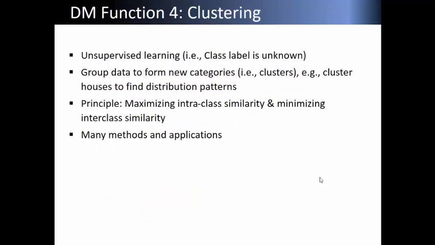Classification and clustering together are very similar. The outcome is very similar, but the only difference is the procedures. More specifically, the assumptions are not the same between those two.